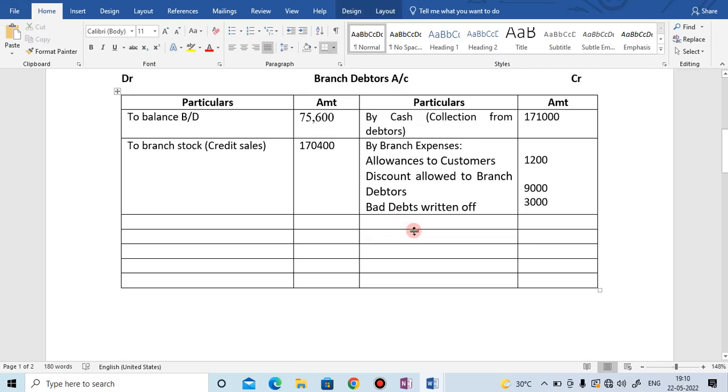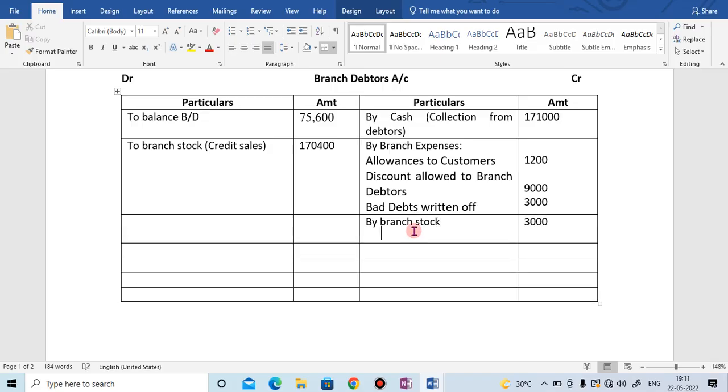So return from customer, customers are debtors, so by branch stock 3000, reason returns from customers.